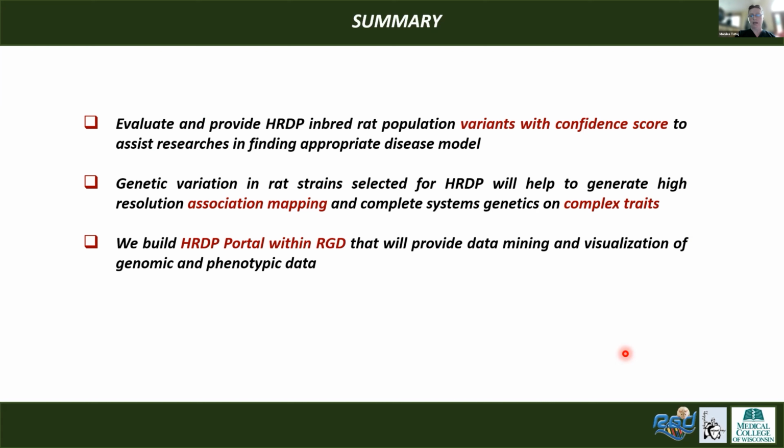Having a good set of variants is essential to build high resolution association maps and also to study complex traits. As I showed you PolyPhen, but we need to implement more damage prediction tools like SIFT, as we want to see the bigger picture, especially between strains, as it's not one gene.